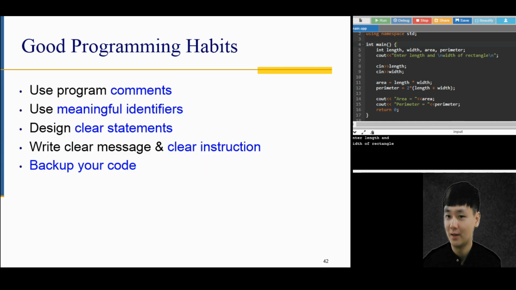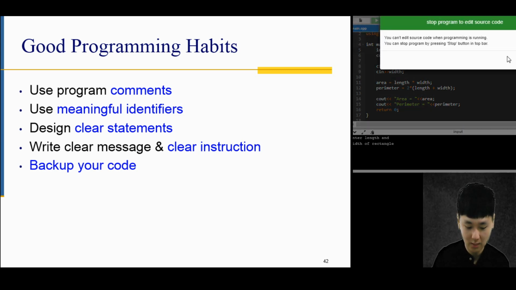Last but not least, as a good programmer, you must always practice these 5 good programming habits. First one, use program comments. Always use comments in your coding. For instance, here I should put a comment: variable declaration.